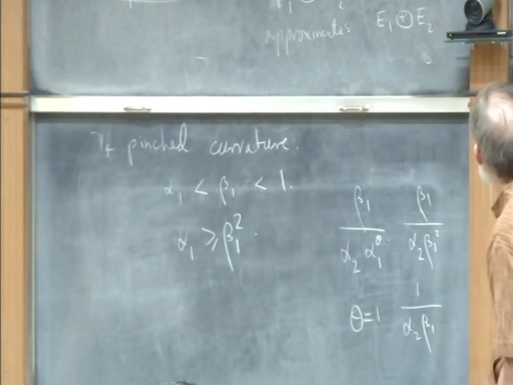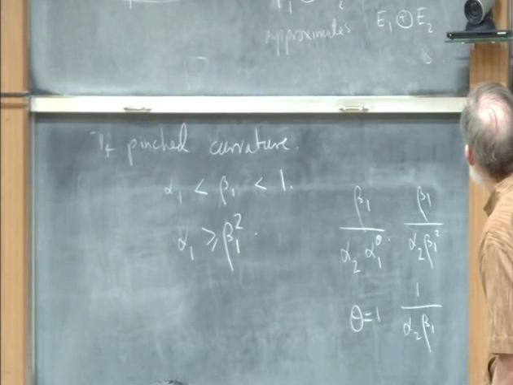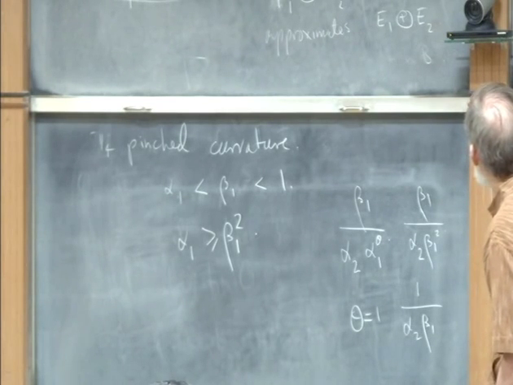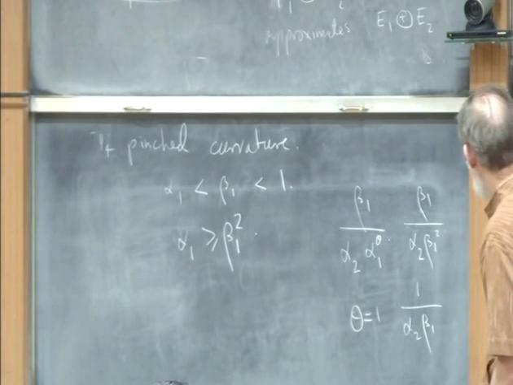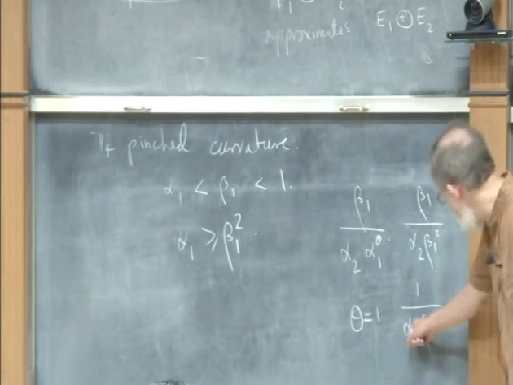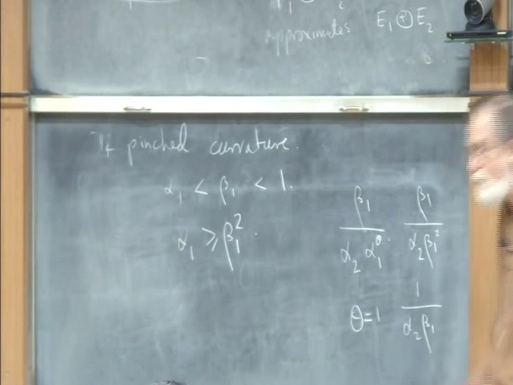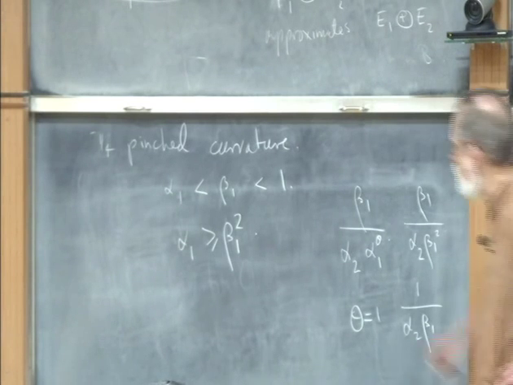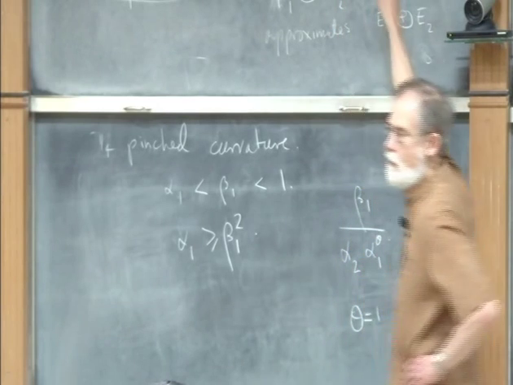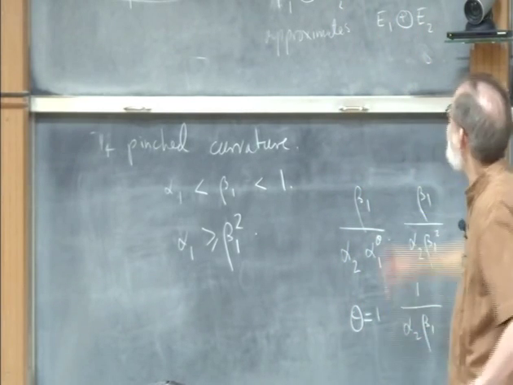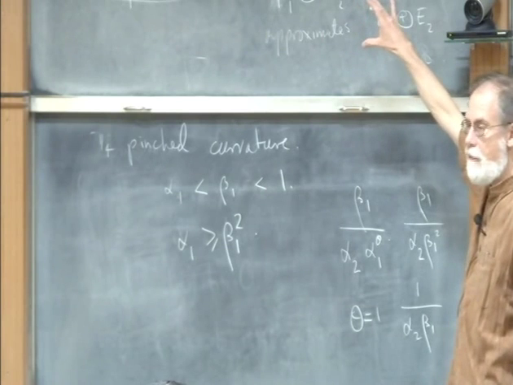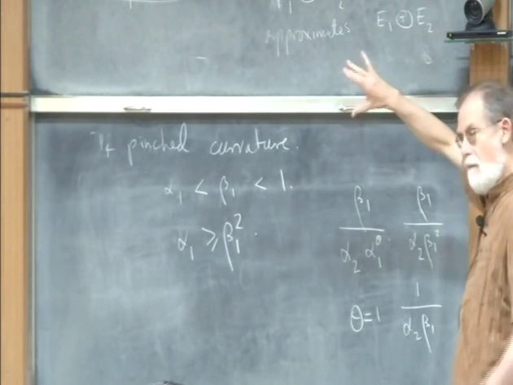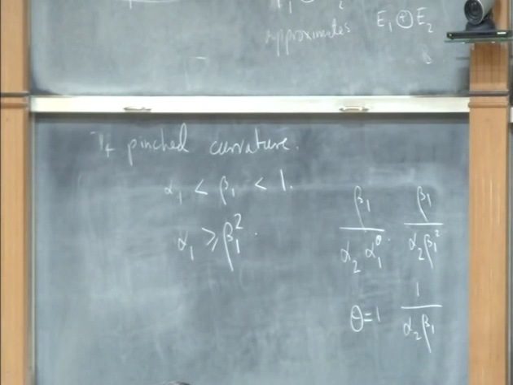Is that a good thing to do? I think in the geodesic flow case, alpha 2 times beta 1 is actually equal to 1. So in the geodesic flow case, if the bundles are sort of symmetric, the contraction and the expansion mirror each other.